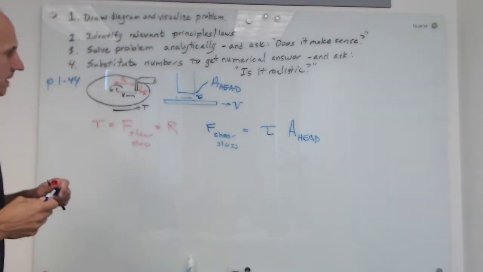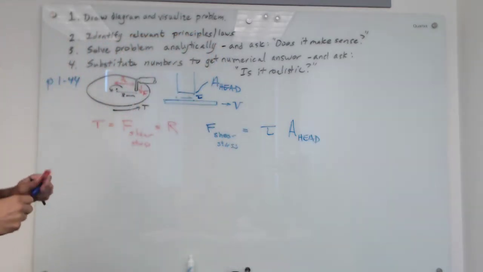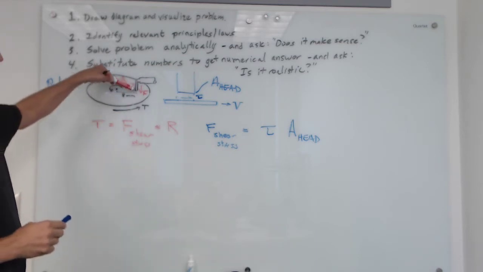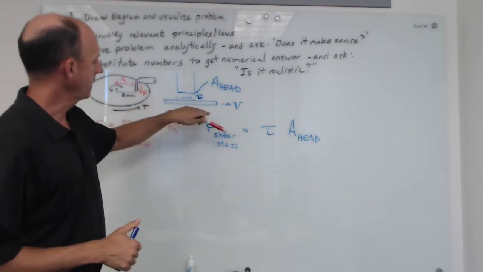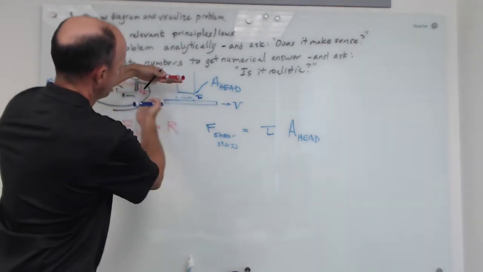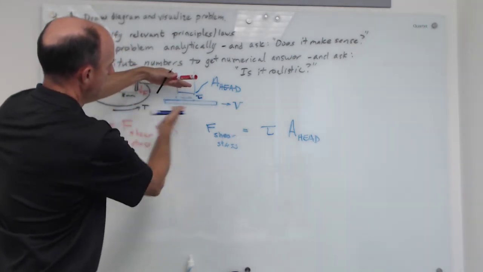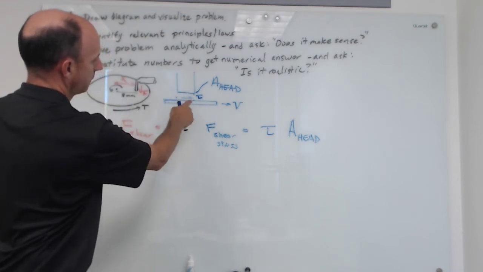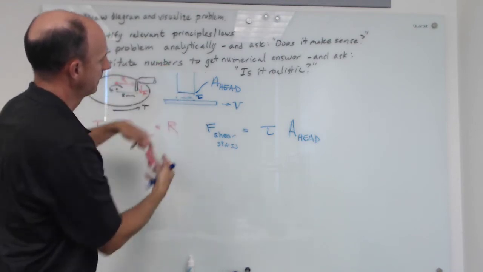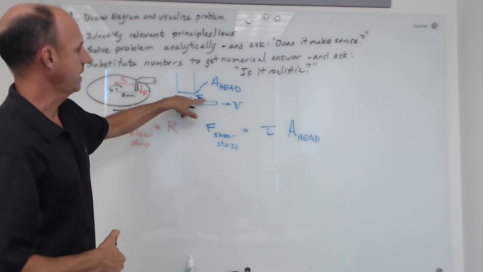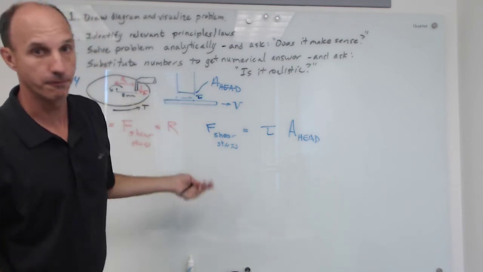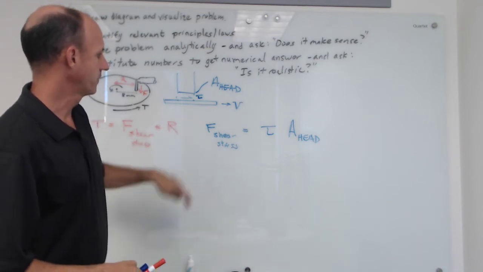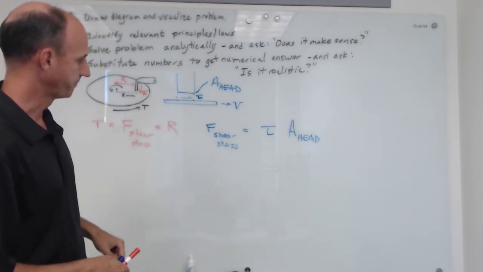Okay? So we started off saying there's some force from this head acting at a distance r that gave me the torque. Now I'm saying, there's this little gap here where this disc is sliding by. It's creating shear stress in the fluid right here between the head and the disc. That shear stress, we'll call that tau. And that shear stress multiplied by an area gives me a force. And so that's the force listed here.